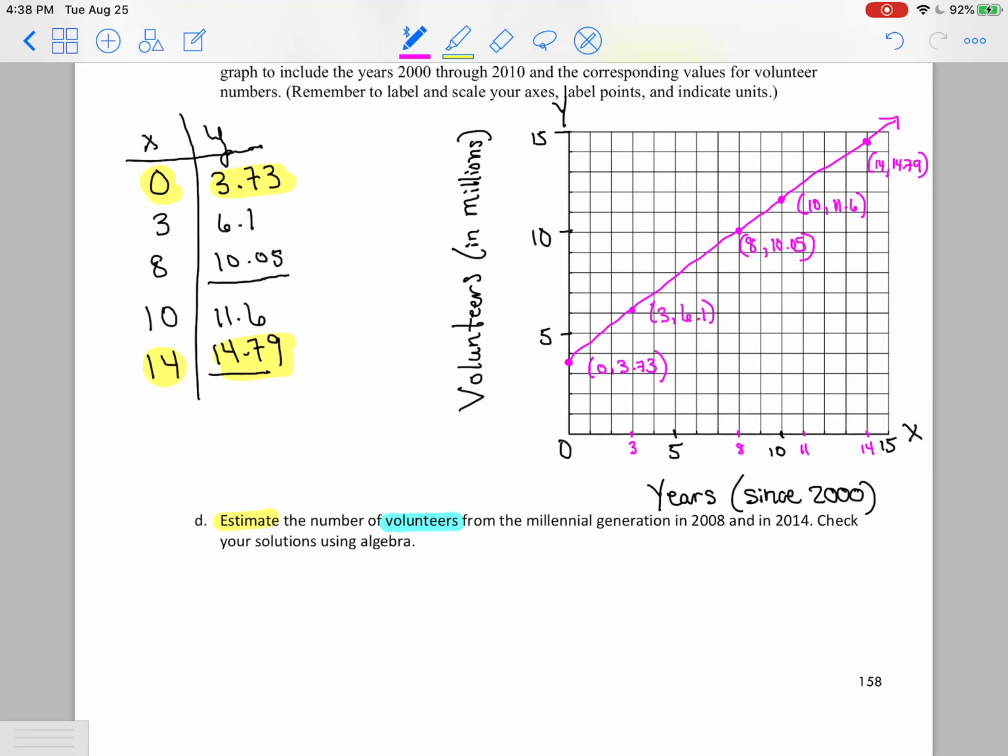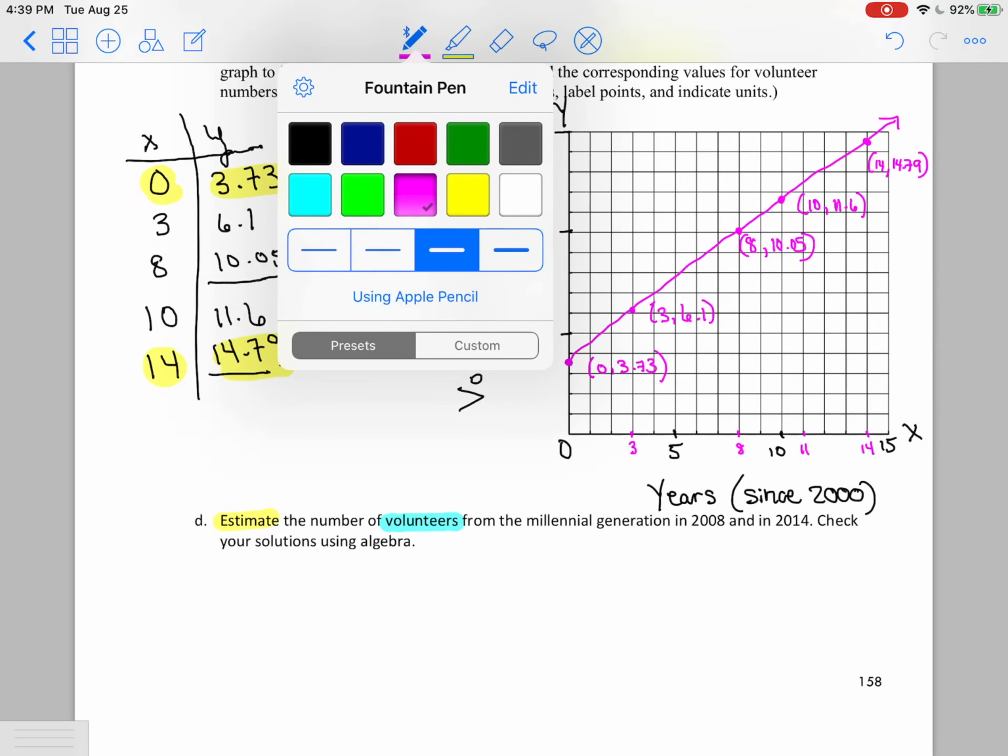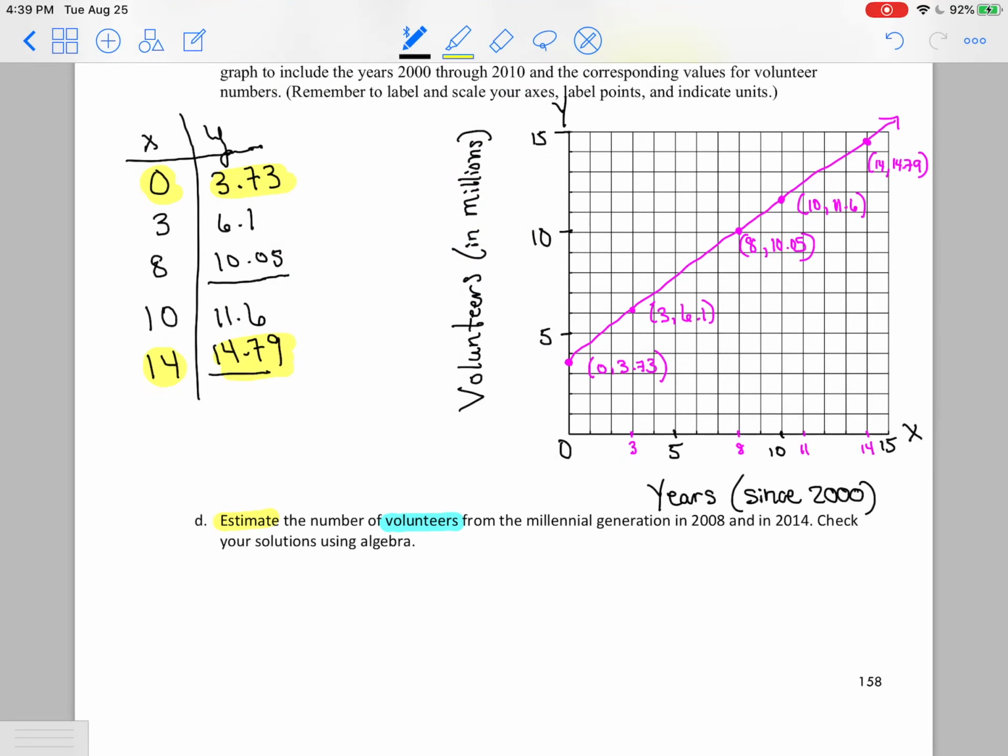All right, so we already have the math from below. Okay, so we can go back, we can answer that question if we want to. In 2008, we found out that there were about 10 million volunteers.